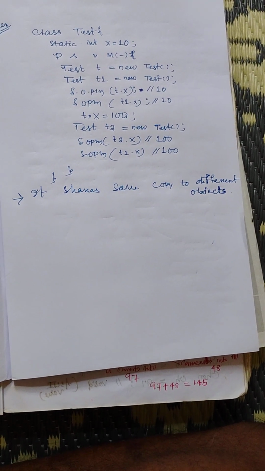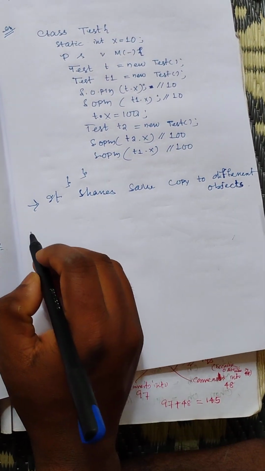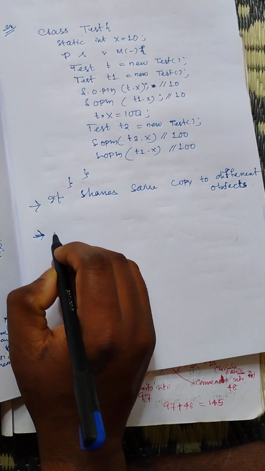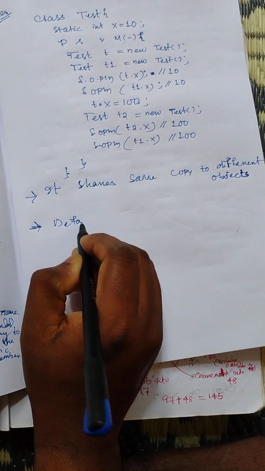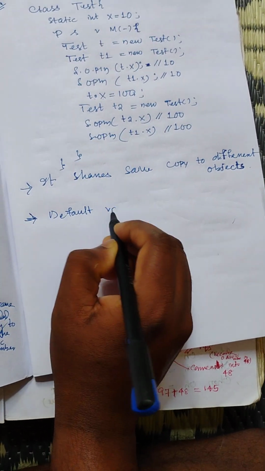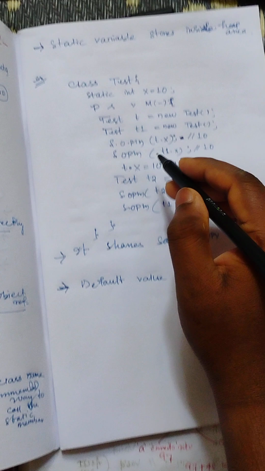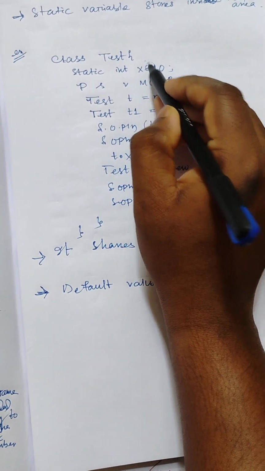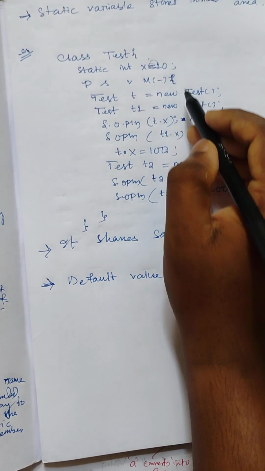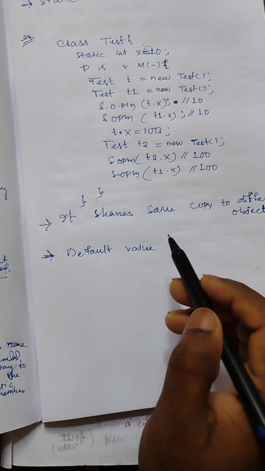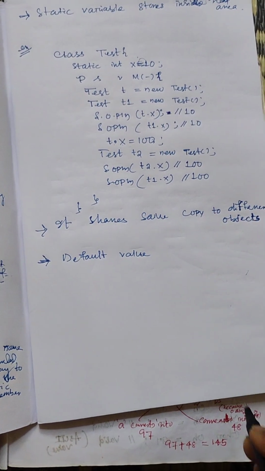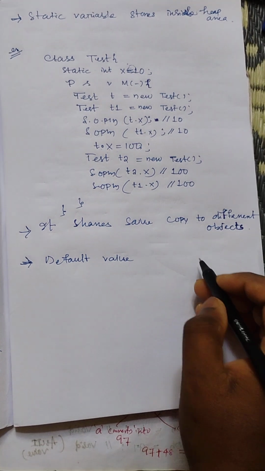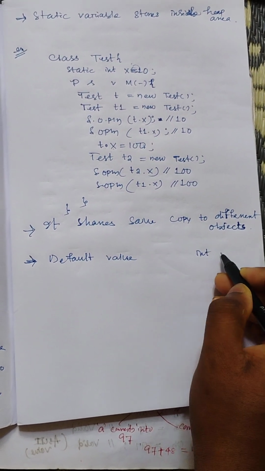There is one more thing: it has a default value. Suppose I do not initialize this 10 here, only x is there. Then what will be the value for different data types? Different default values. For int it is 0.